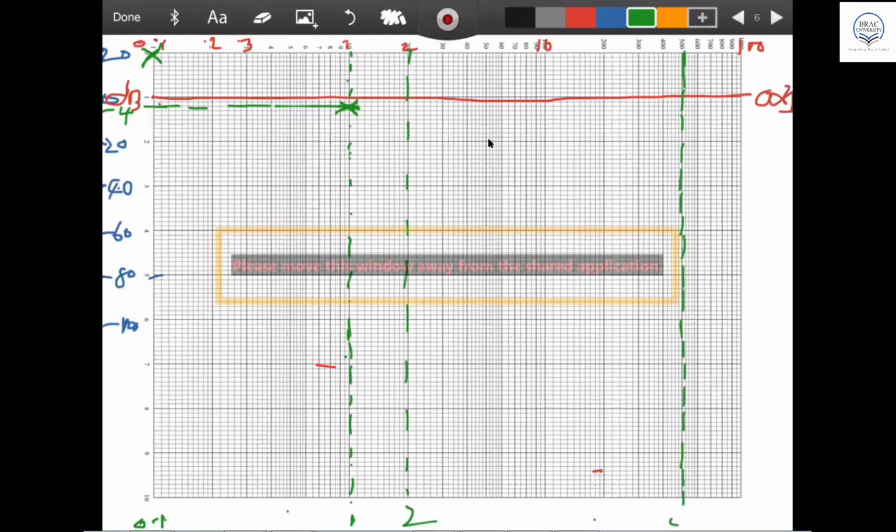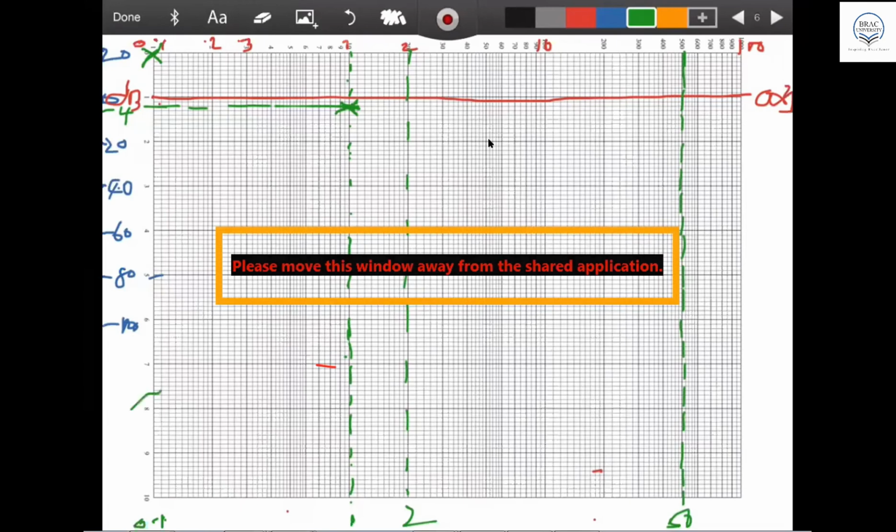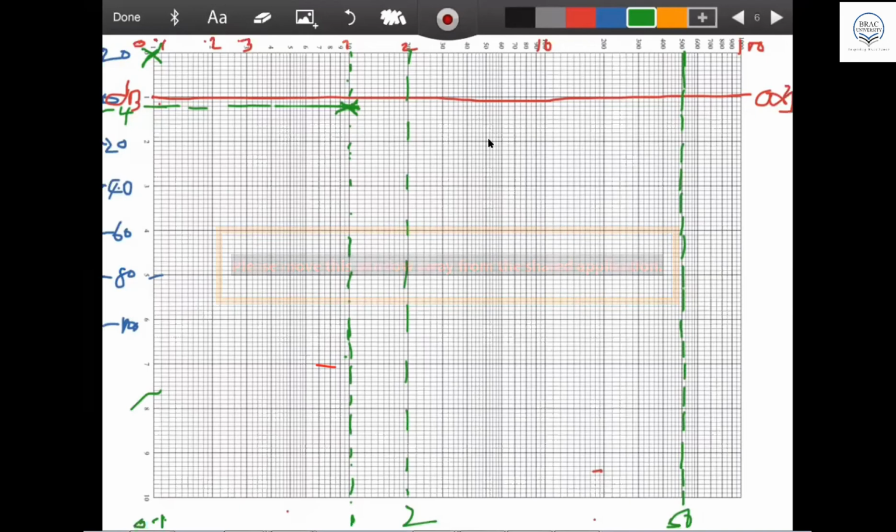This is your 50 radians per second. So these lines you can get; now you only have to draw the dB. What will the dB be? You can find it by yourself. Please draw the other 2 points a bit faster. When drawn, tell me and I'll draw and check.